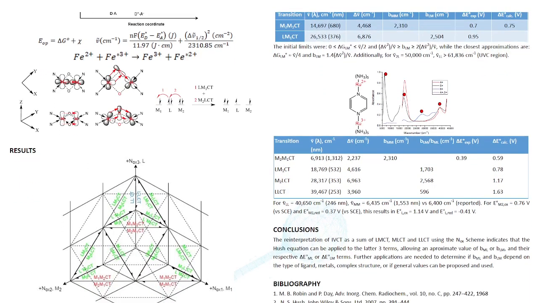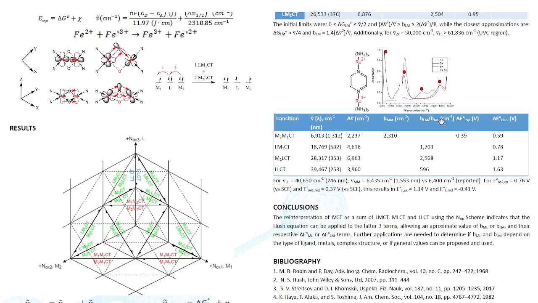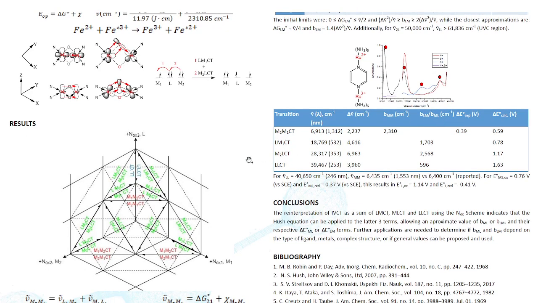Another species that we analyzed using this expanded scheme was the Creutz-Taube ion. In this case, it consists of a pair of pentaammine ruthenium ions, +2 and +3, connected through a pyrazine ligand. The main focus is that the ligand to ligand charge transfer is already reported.